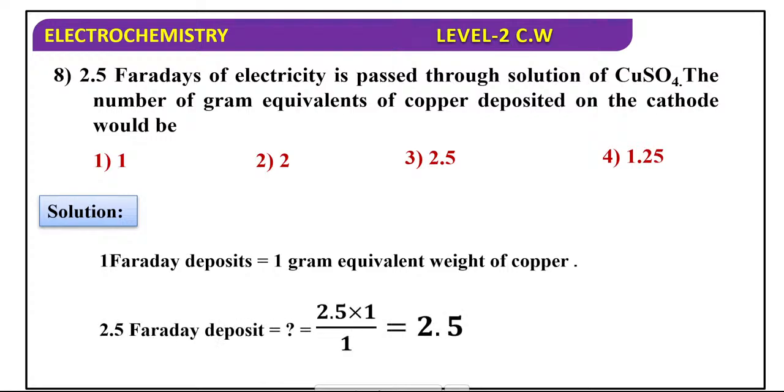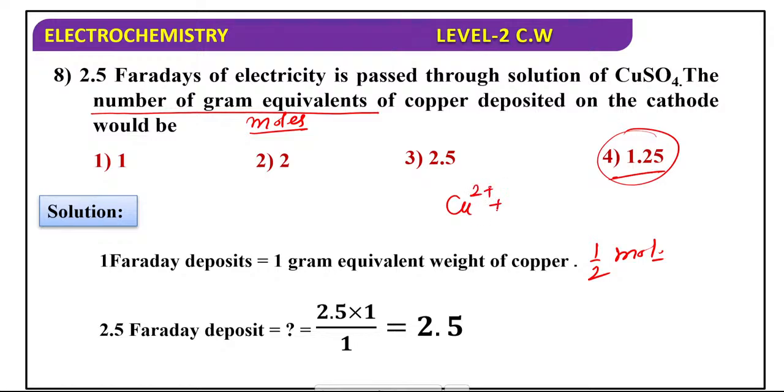But 2.5 Faraday deposits 2.5 gram equivalents. Got it, beta? Because 1 gram equivalent is half mole. See, copper 2 plus gains 2 electrons. 2 Faraday will deposit 1 mole. But 1 Faraday will deposit half mole, and that is equal to 1 gram equivalent. Got my point?